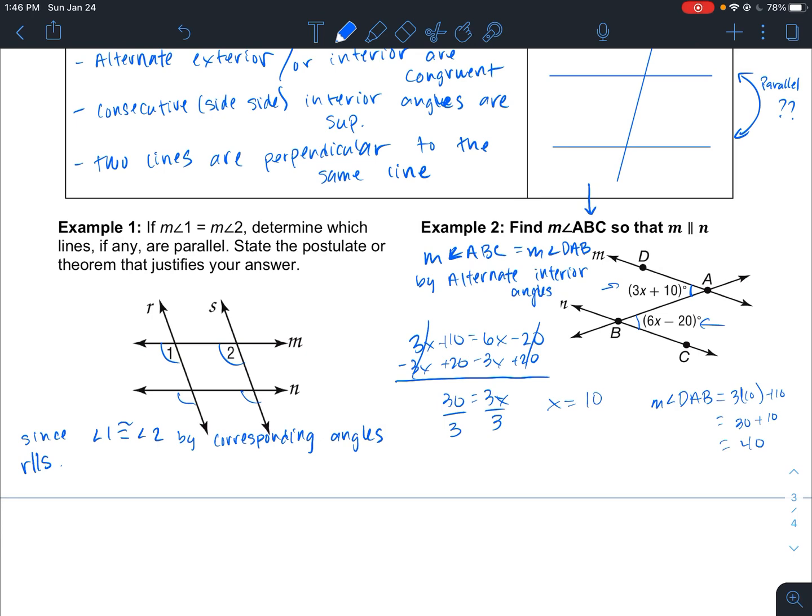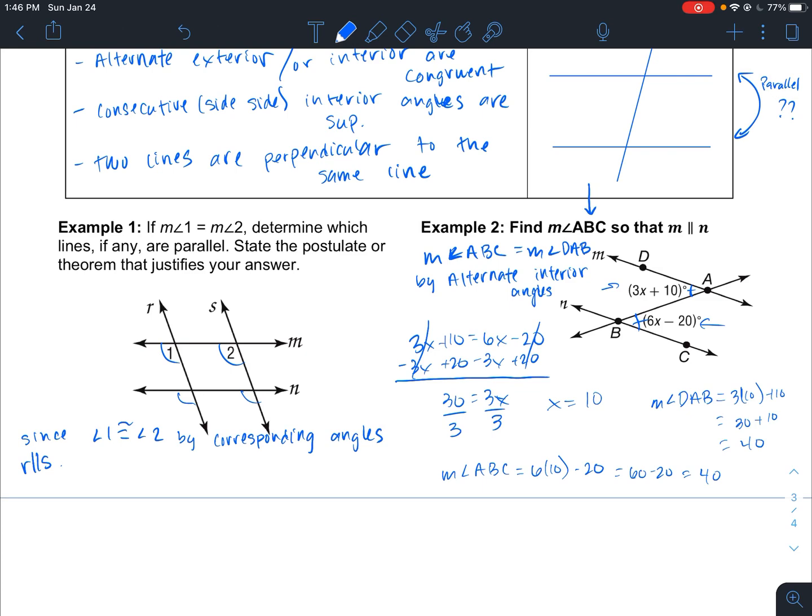Okay, let's try measure of angle ABC. Well, that's equal to 6 times 10, because x is equal to 10, minus 20. So that's equal to 60 minus 20, which is equal to 40. So these two angles are the same. And we found that their angles are equal to 40.